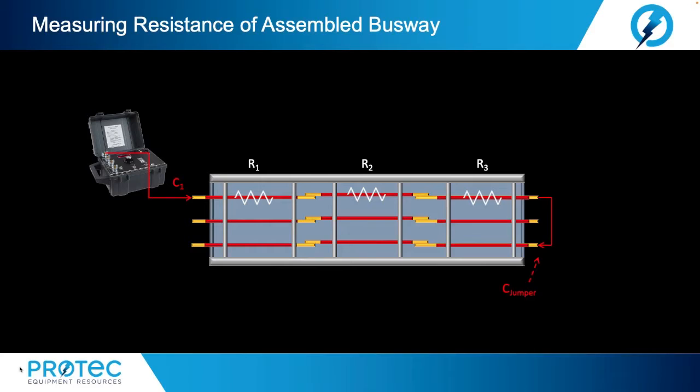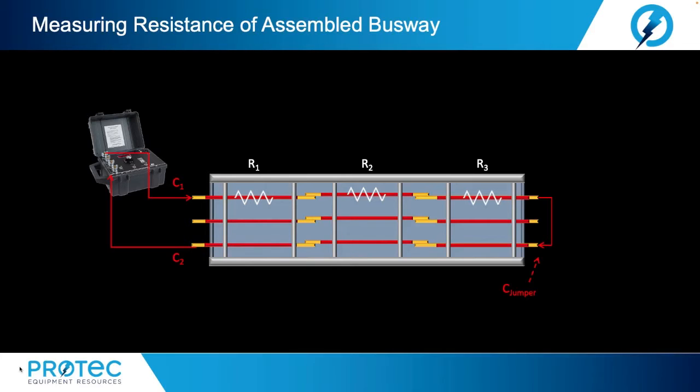Well, we would apply a jumper across the end of the busway system. So for instance, here I show jumping from the A phase to the C phase. Now current can return through the 3 segments on the C phase, and to bring it back to the test set, I connect the C2 lead back into the instrument from the C phase. Now we can see the current loop that is going to be produced.